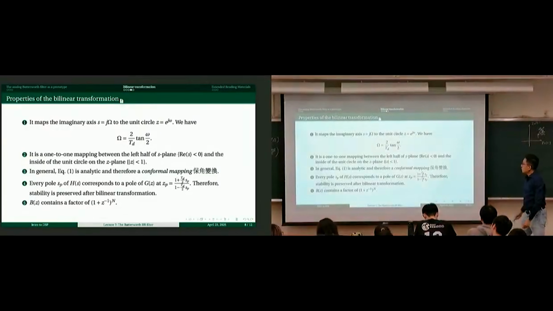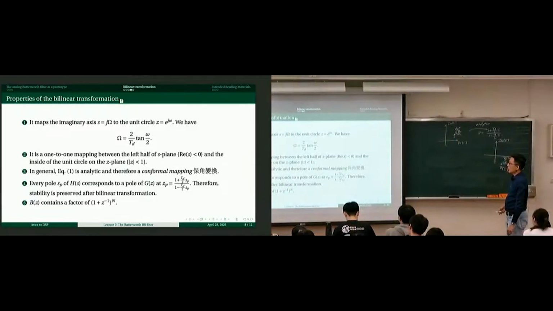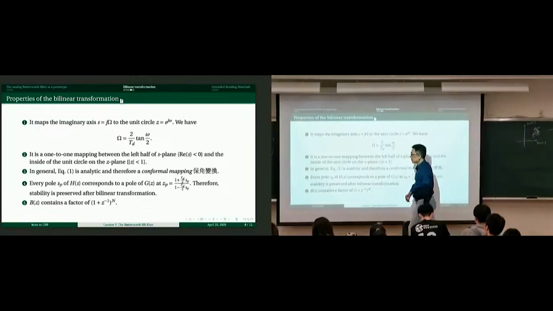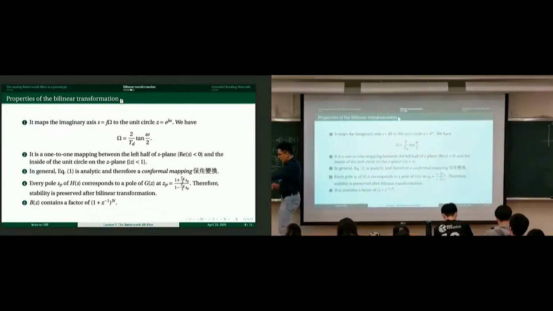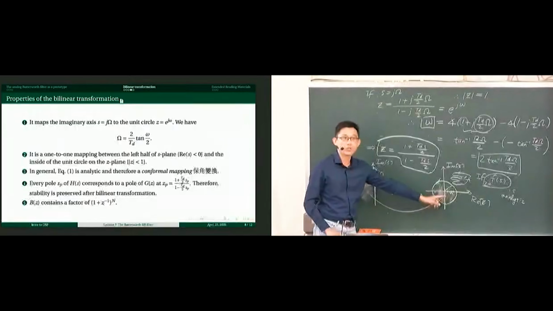Tomorrow, I invite you to think about this: the imaginary axis is mapped to the unit circle, and the left-hand side is mapped to the left-hand side, which is inside.